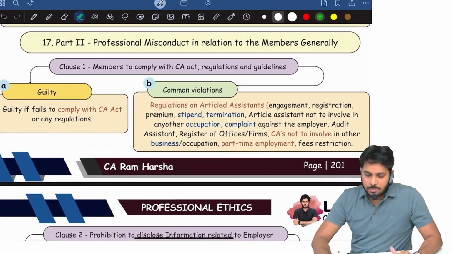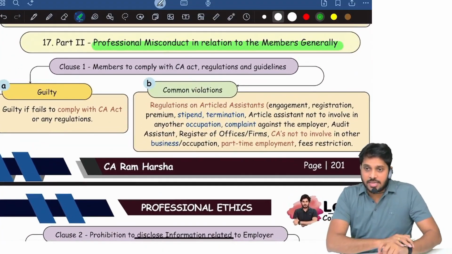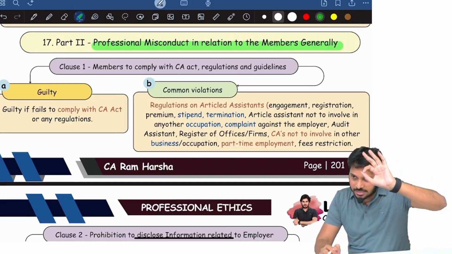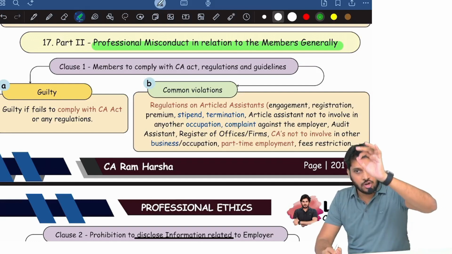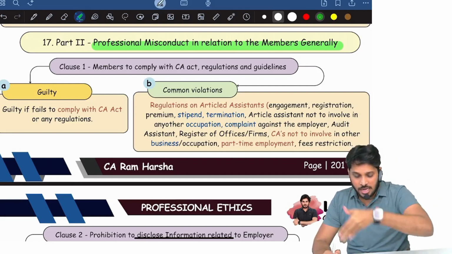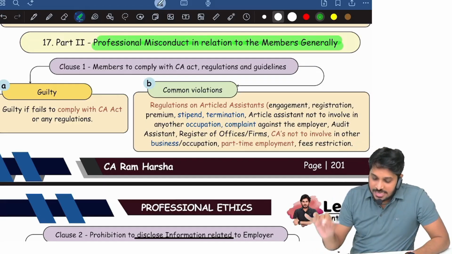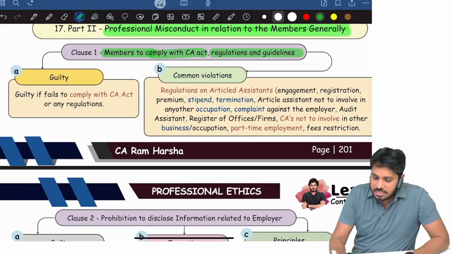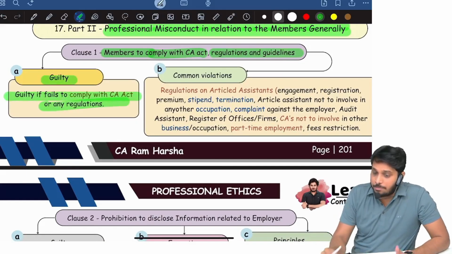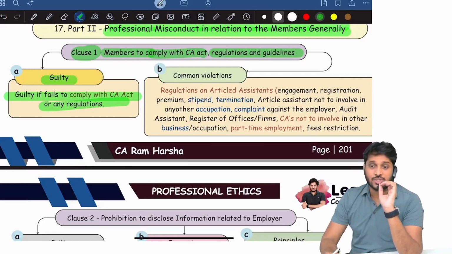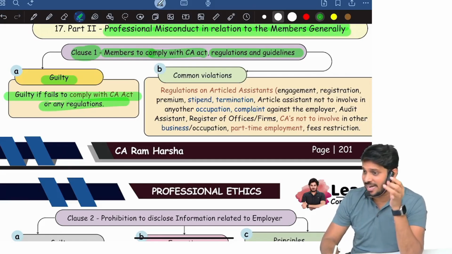Part number 2, professional misconduct in relation to members generally. In both the schedules, other misconduct is discussed only once. In schedule 1 only, a specific part for members in general is there. Here, members have to comply with the CA Act and regulations, and are guilty if they fail to comply. Clause number 1 says a CA, whether in practice or in service, is treated as guilty if he fails to comply with the CA Act, regulations and guidelines thereunder.